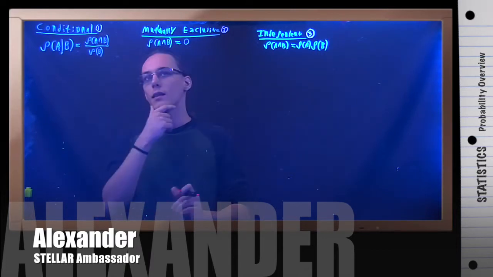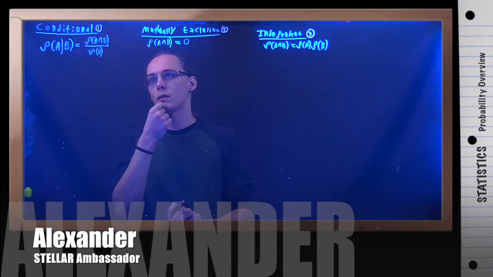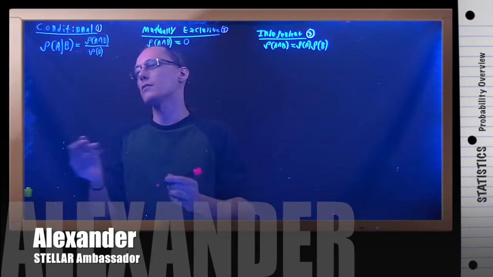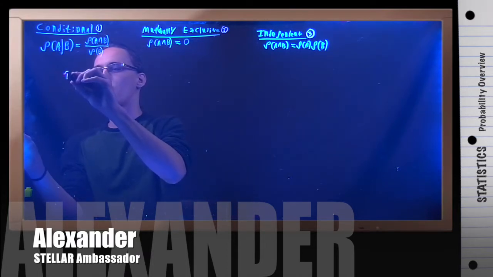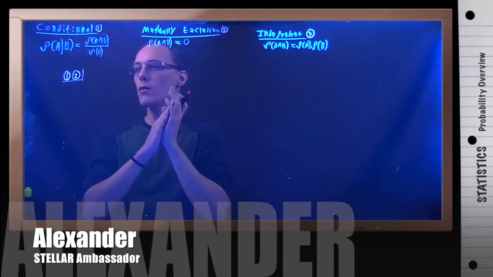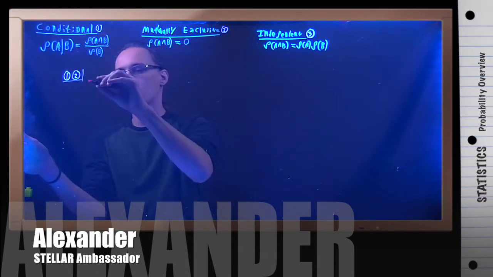So first, let's say I had something that was conditional but mutually exclusive, and just see what that means. So we've got 1 and 2. Well, first of all, let's just do the math.